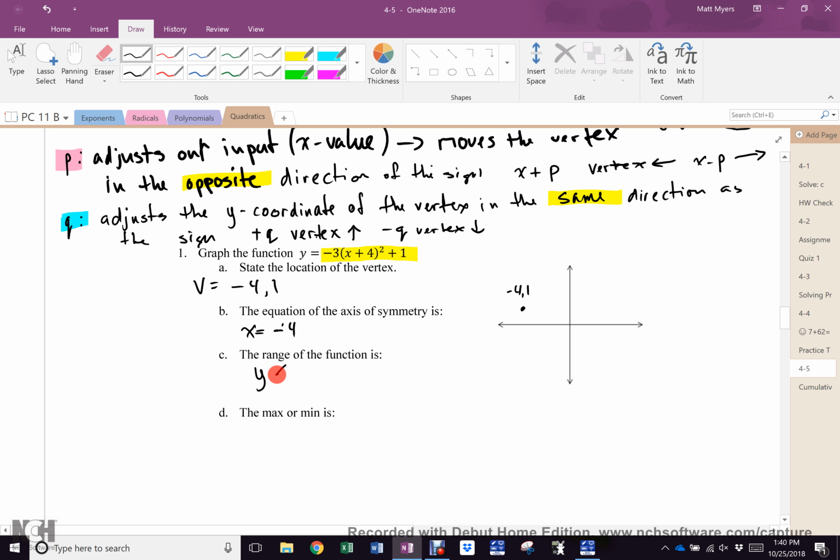Less than. Will it actually hit my vertex? Yes. So it is less than or equal to 1. Everybody understand? So, since it's going to go downwards and all my y's are less than 1, do I have a maximum or a minimum?